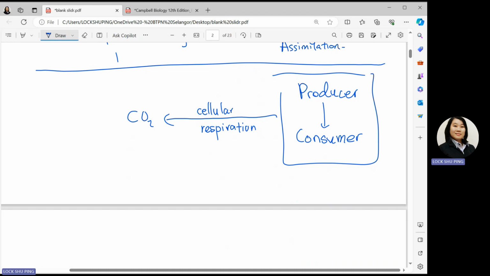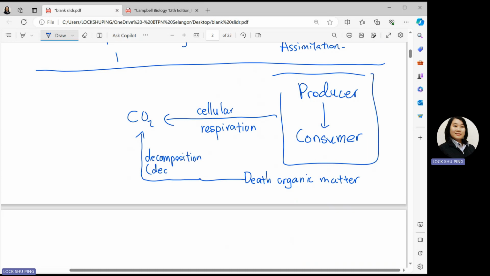Another process that also returns carbon dioxide is called decomposition, which is the breakdown of dead organic matter by the decomposer.